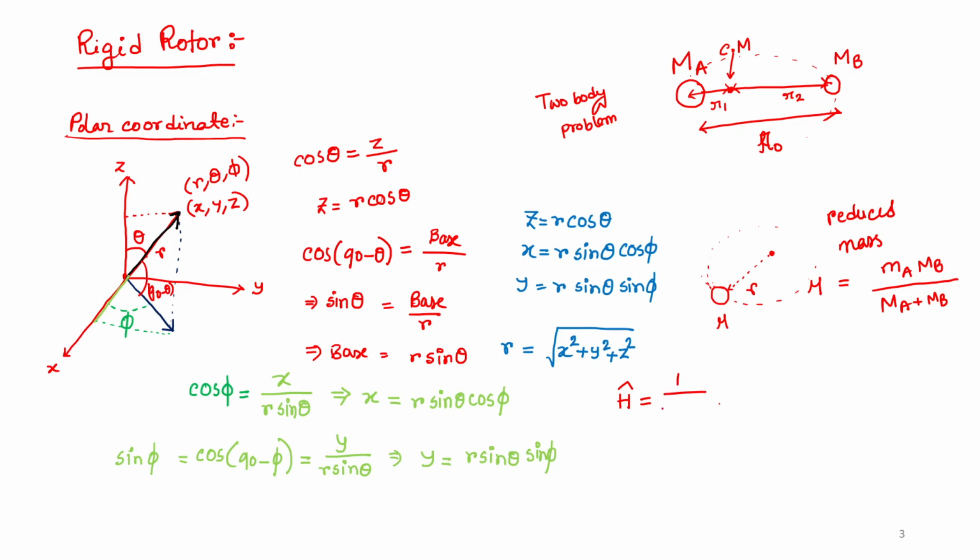So 1 by r square sine theta, d by d theta, sine theta. Here I should write del because r and theta both are there, so we could not separate it out yet. And here, 1 by r square sine square theta, del phi square.